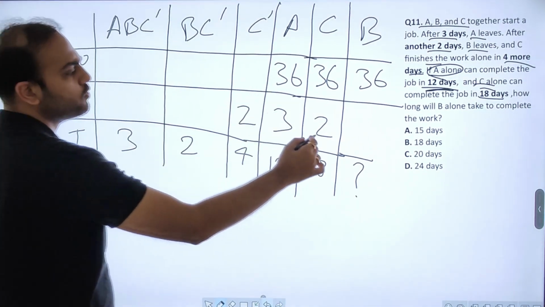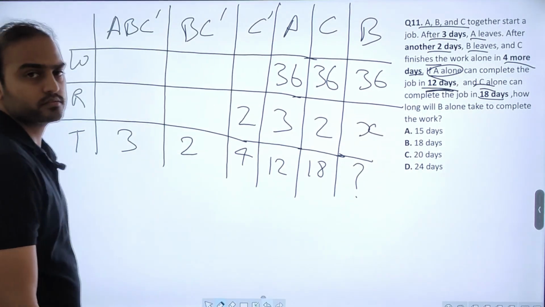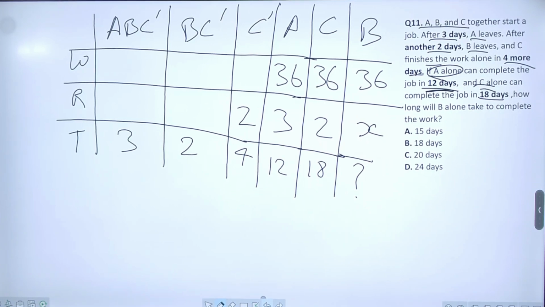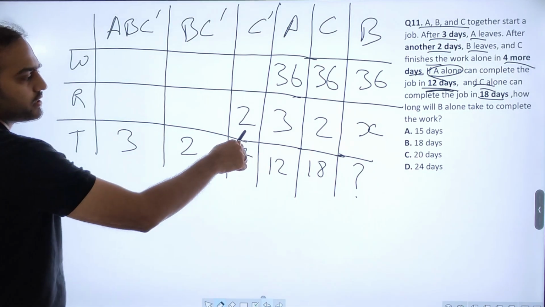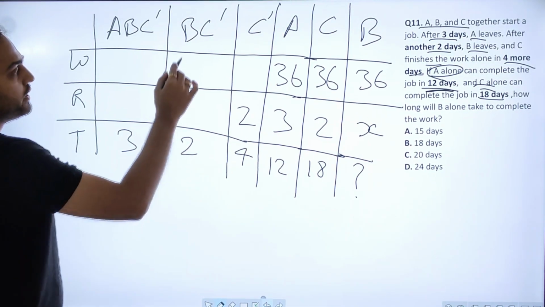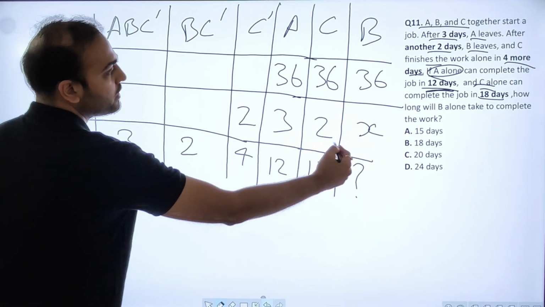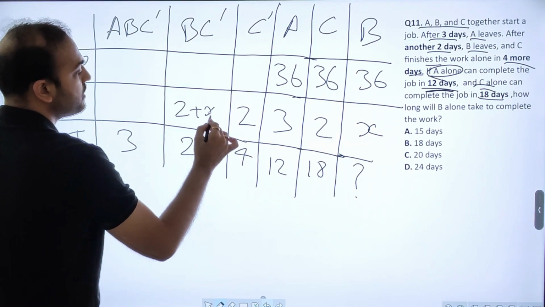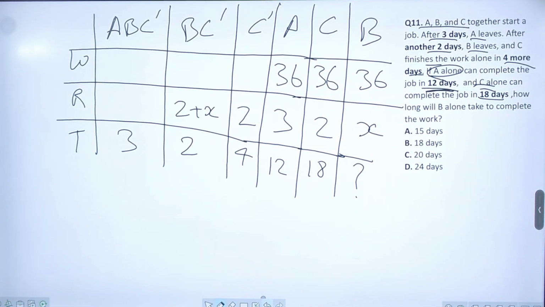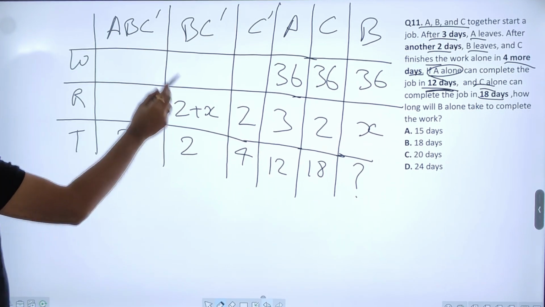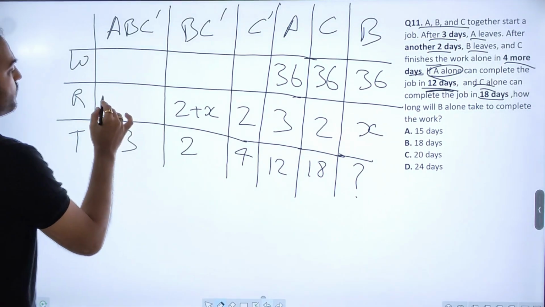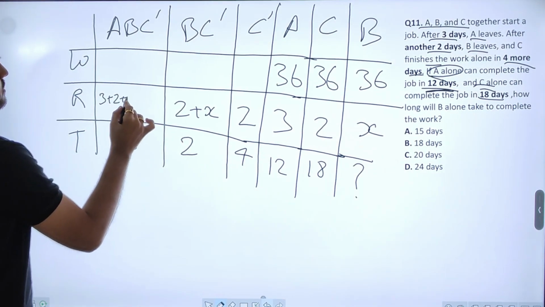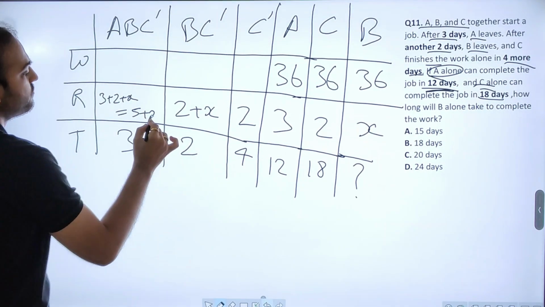Rate of B, I don't know, let that be X. So if C alone is working, rate will be 2. If B and C are working, rate of B and C will add up, because when people work together, the rate adds up. If A, B and C work together, the rate will add up, which is simply 5 plus X.